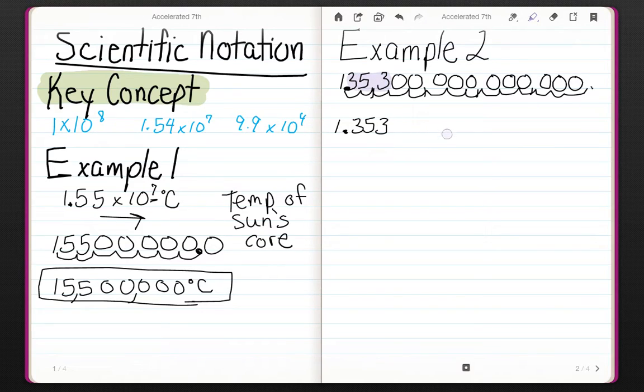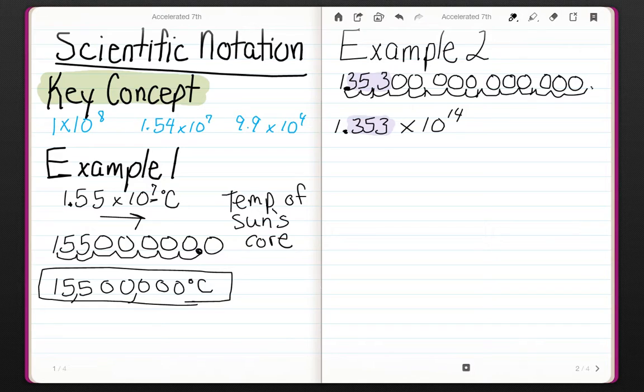They don't just go away because I'm moving them into expanded form. They're going to come down here as part of my number. They're just going to be to the right of my decimal this time. And then my second factor is going to be a power of 10. I moved that decimal 14 times, so my exponent is going to be 14.